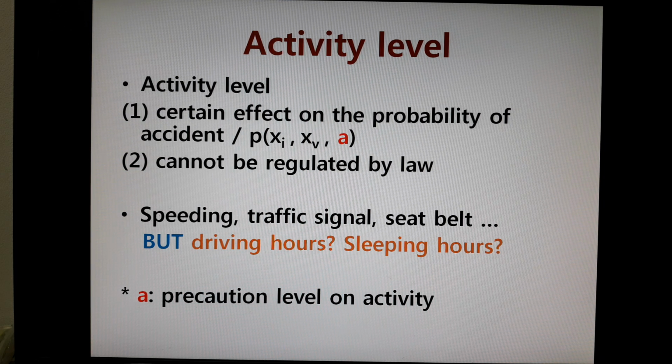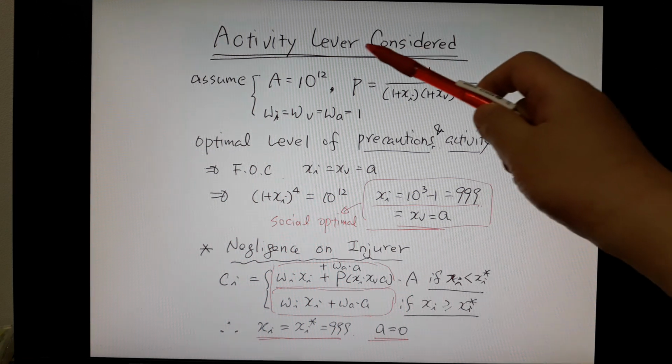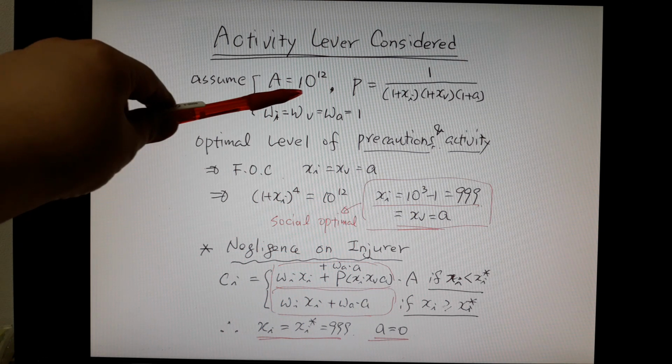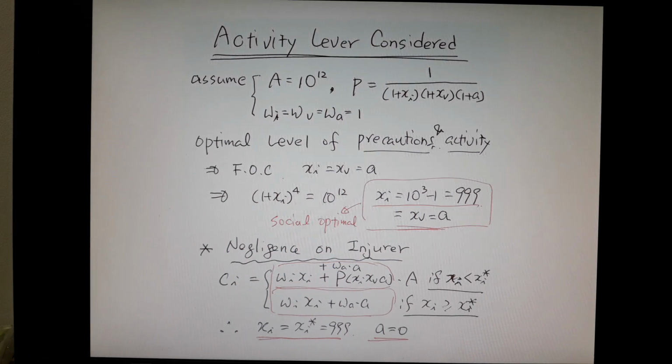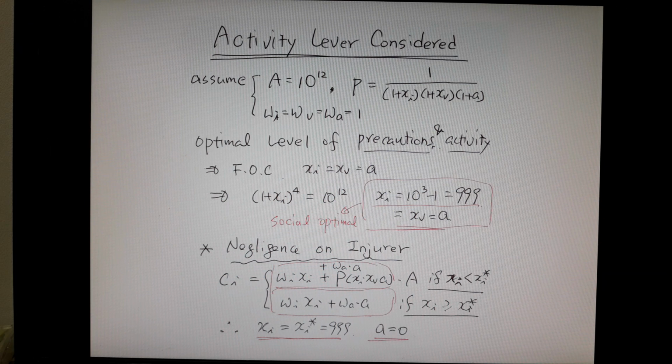Now, time for calculation. So let's calculate the social optimal level when we include the activity level. Oh, activity level. I'm sorry, it's not R, it's L. Activity level considered. Assume that now the damage is 10 powered by 12 instead of 10 powered by 6. Okay, I will explain, but we need this big number to get a nice result.